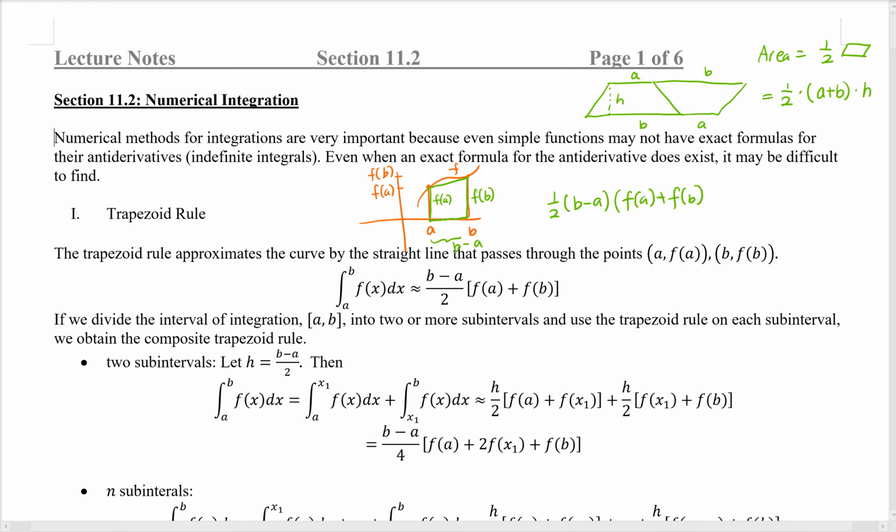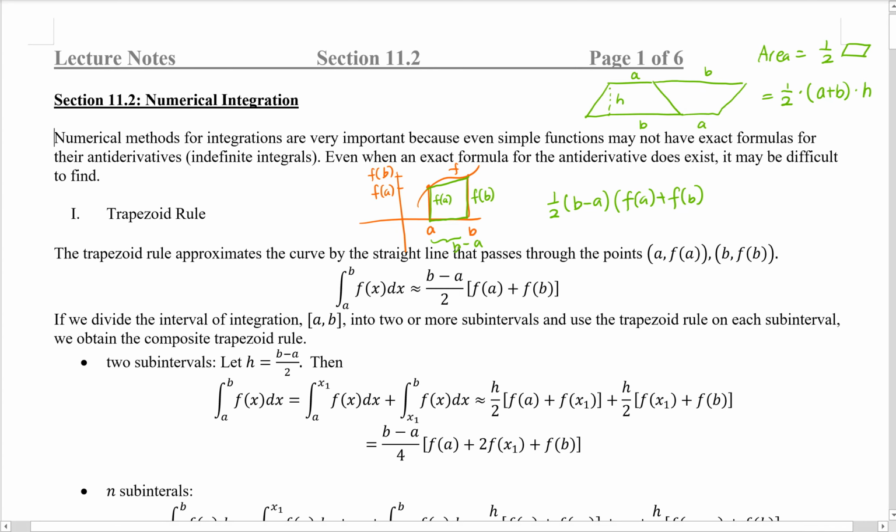This is the formula of the trapezoid. So far, so good, everybody? Now, if we divide the interval of integration from a to b into two or more subintervals, we can use the trapezoid rule on each subinterval to obtain the composite trapezoid rule.